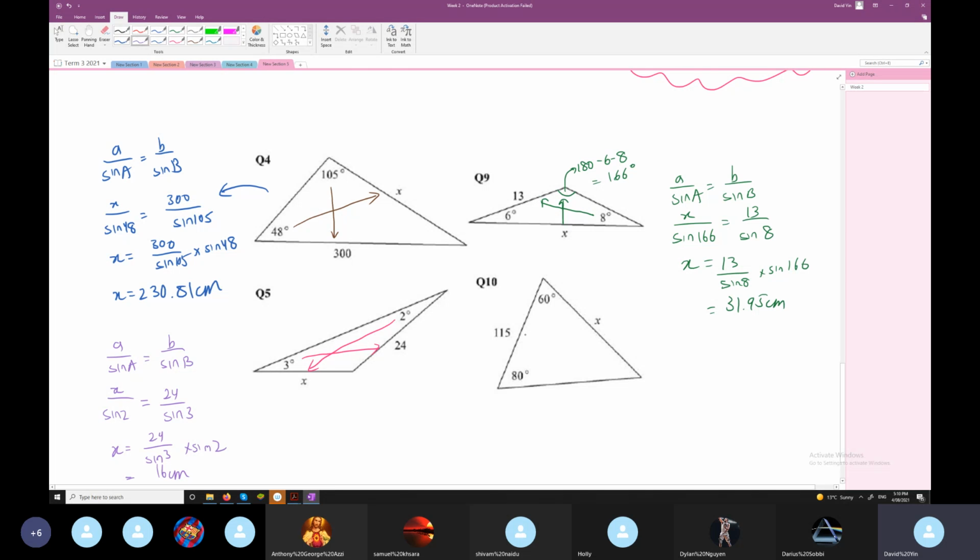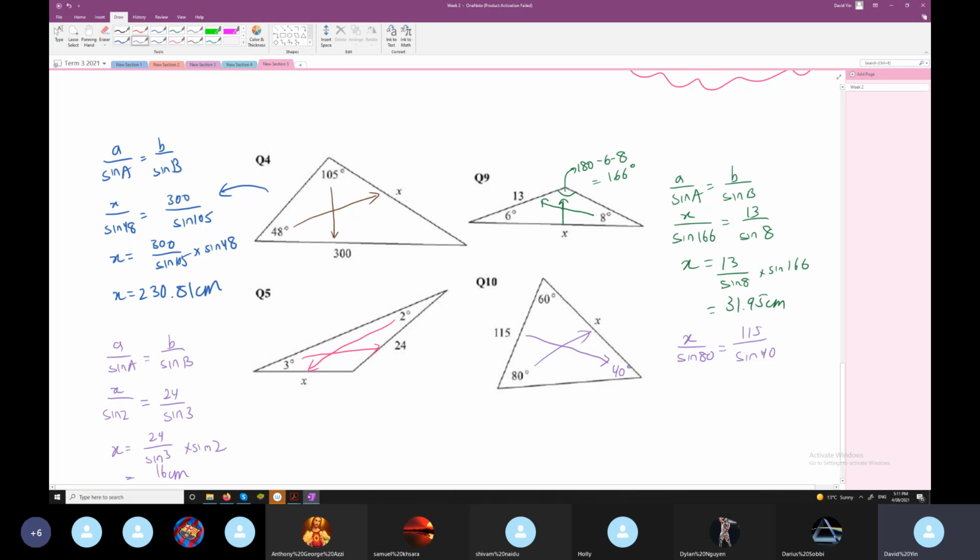All right, so what I see is that this 115 goes with this angle here. We don't know what this angle is, but we can clearly see that's going to be 40 if we use the angle sum of a triangle. And then that 80 goes with that x. We're not going to use this matching one because we don't have the side length for that, so we can't use that. So we got x over sine 80 is equal to 115 length over sine the angle.